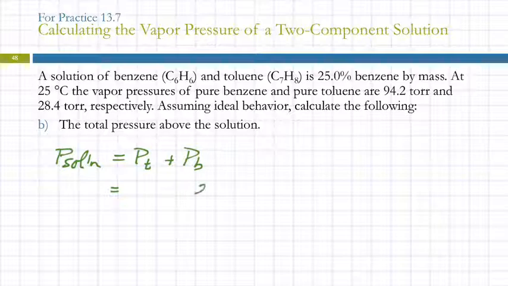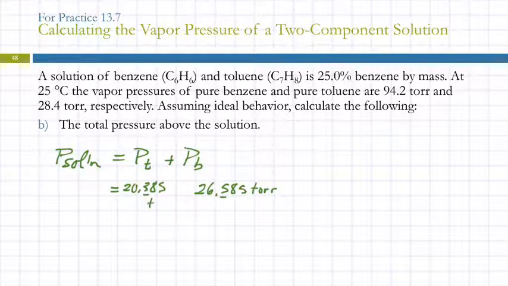The benzene was 26.585 torr and the toluene was 20.385 torr.